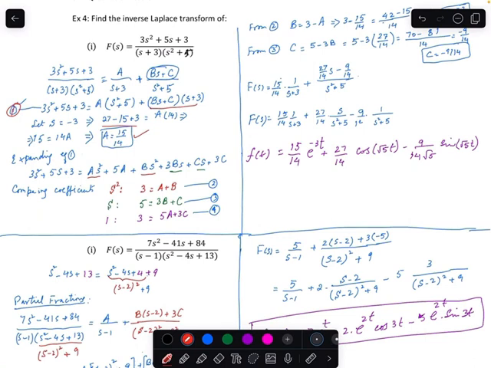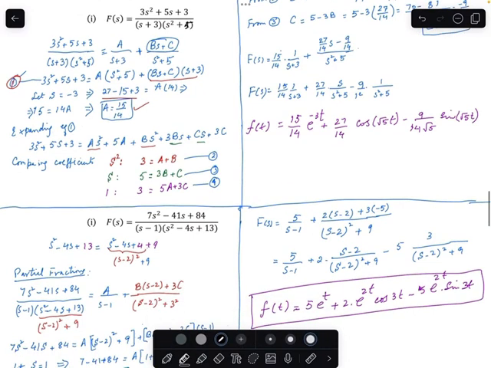We will compare the coefficients of the powers of our variable. What is the variable here? S. So we are comparing the coefficients on the left and the right of s squared, s, and 1. 1 is for the constant term.